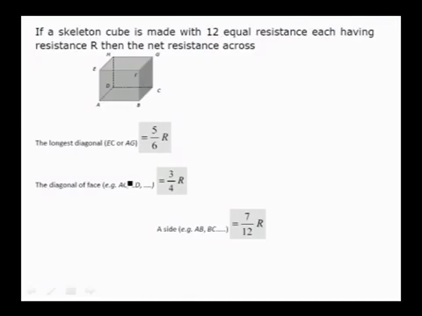All the sides of this skeleton have resistance equal to R. Now I would like to calculate the resistance between the longest diagonal, A and G. The resistance between A and G is given by 5 by 6 into R. Similarly, for the face diagonal, A and F, this is equal to 3 by 4 R. For any one side, the resistance between A and B is equal to 7 divided by 12 R.